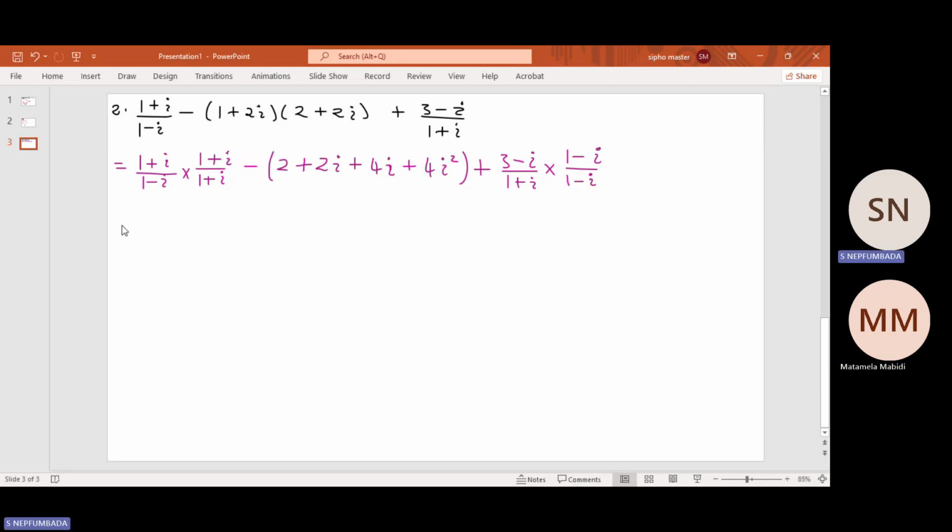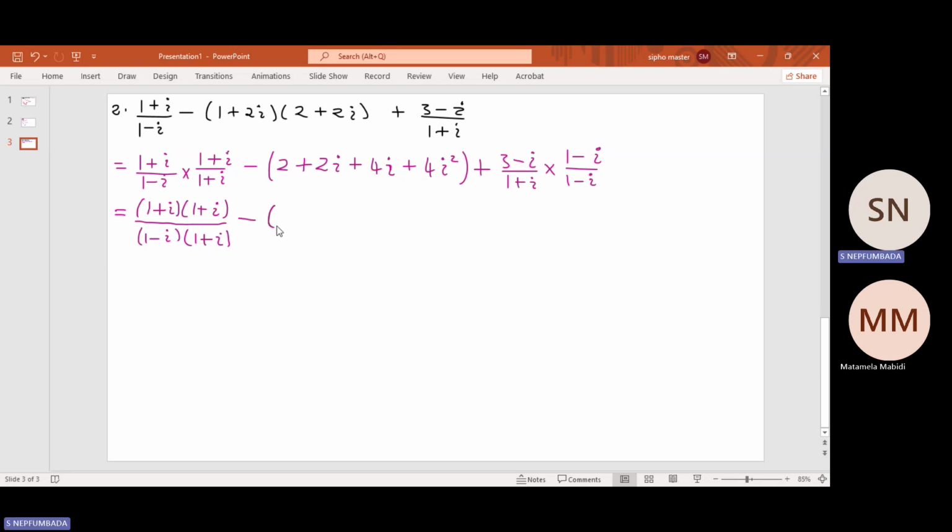Okay. Then this is going to be equal to numerator by numerator, or you want us to write everything? I mean, we write in brackets, showing multiplication. Everything is fine. It's like this, right? 1 plus i, 1 plus i, 1 minus i, 1 plus i.